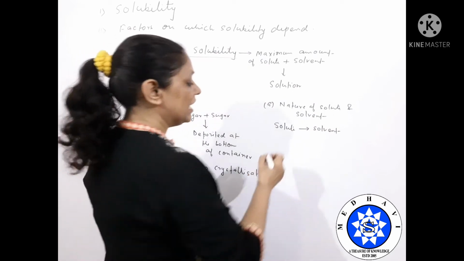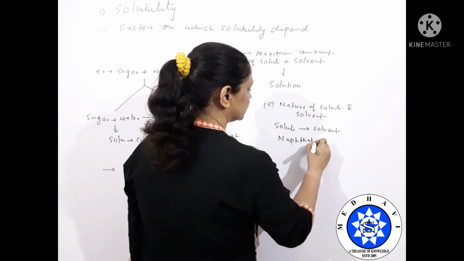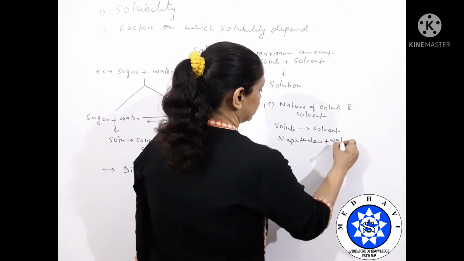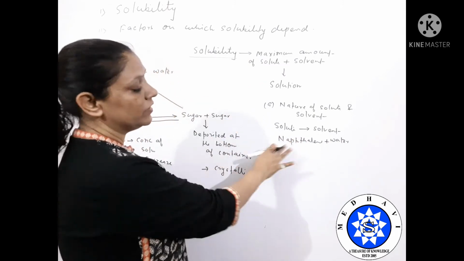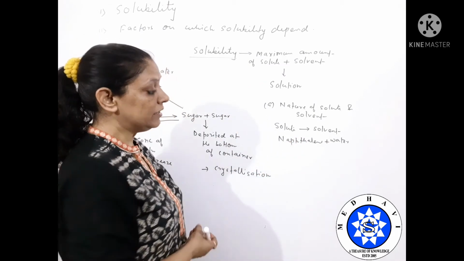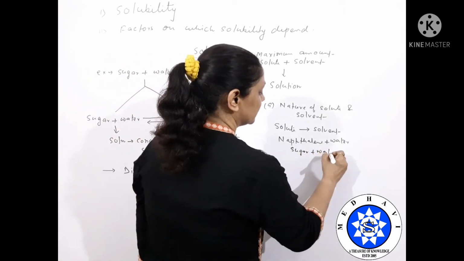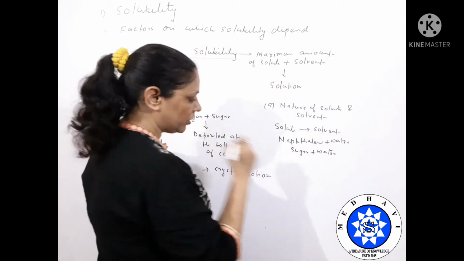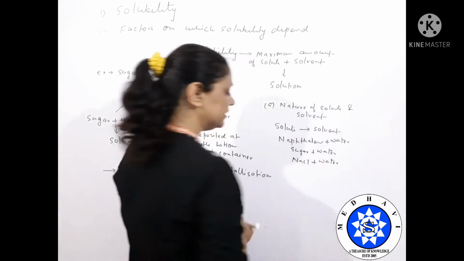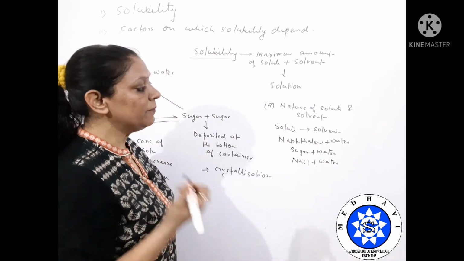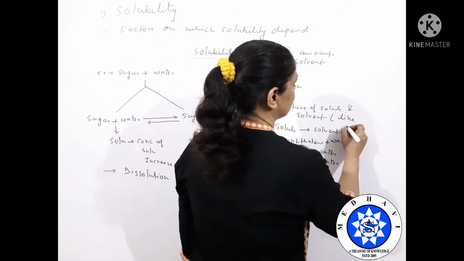For example, if we take naphthalene in water, then it is not soluble. So in this case, we cannot apply this concept for this type of mixture. But when we use sugar with water, or NaCl with water, then both are soluble. So there is one principle we use in chemistry, that is like dissolves like.